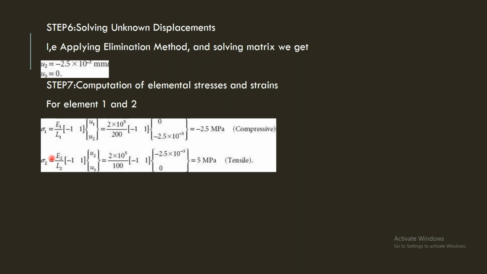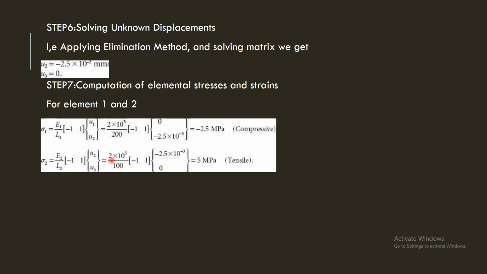Next, sigma 2 is equal to E2 divided by L2 multiplied by minus 1, 1, and U2, U3. You need to remember why I have taken U1, U2 and U2, U3: because element 1 is connected to the first node and second node, that is U1, U2. The second element is connected to U2 and U3. So that's why I have chosen these values. Okay.